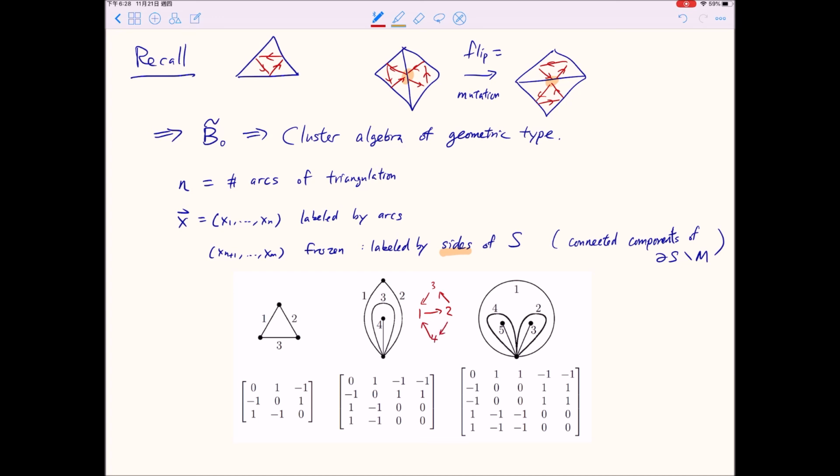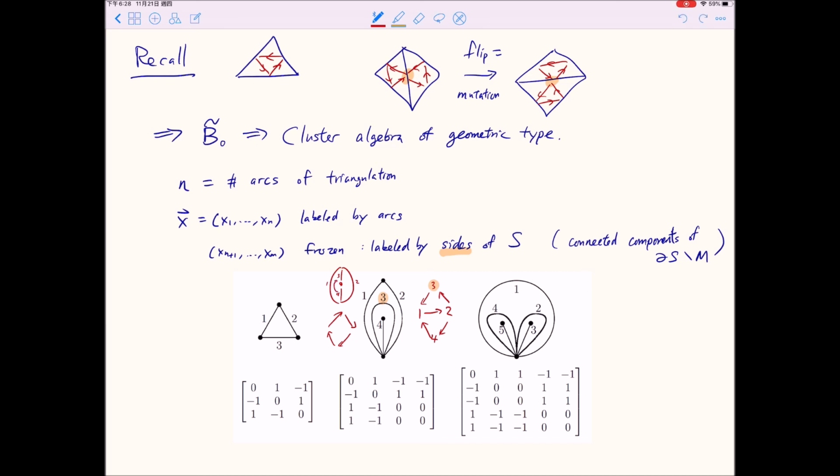And this is definitely obtained from mutating at 3 of the standard quiver, right? If you mutate at 3, then this is really just this. And the corresponding quiver will be of this form, because the arrow from 3 to 4 and 4 to 3 will cancel.